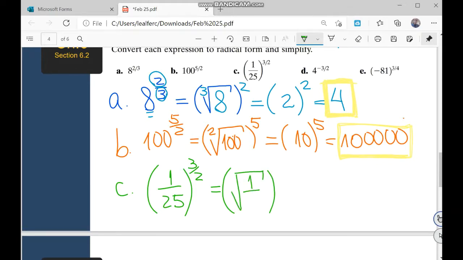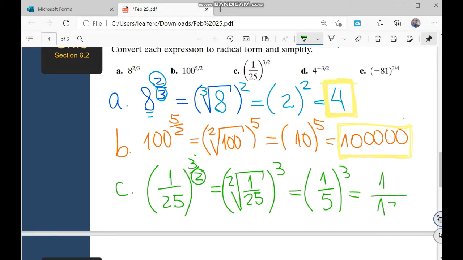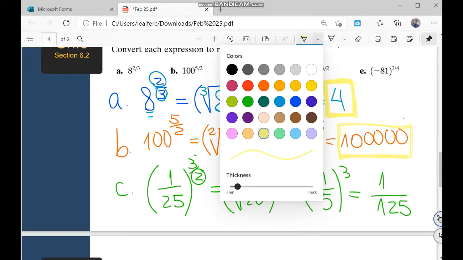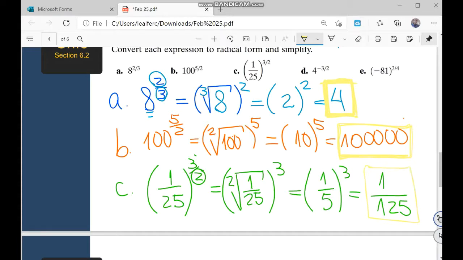Inside you're going to use the same base, 1/25, and the index is 2, the index of the root. The numerator is 3. You're going to find the square root of 1/25 is 1/5. 1/5 cubed is 1/125. Okay.